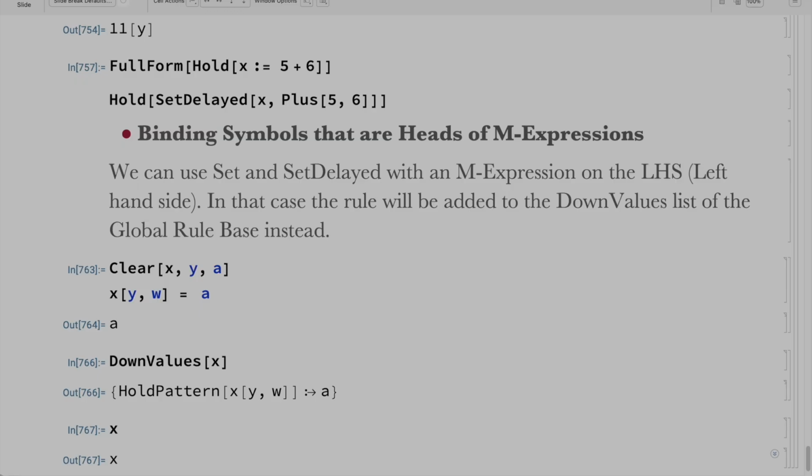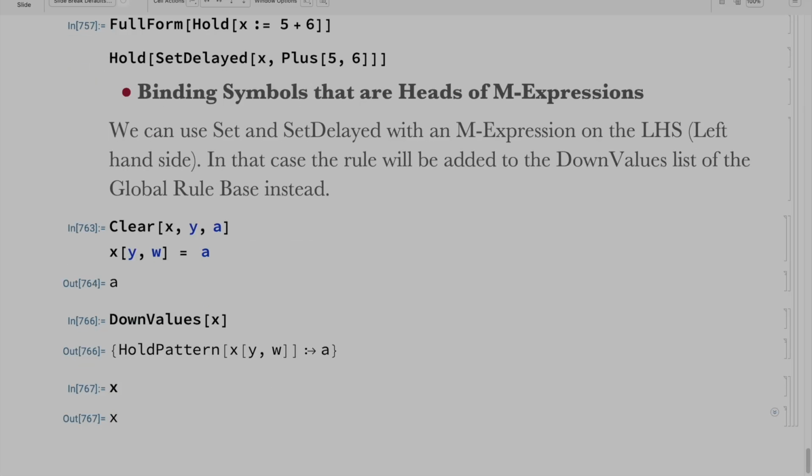Whenever Mathematica evaluates expressions, the first thing it does is look at the own values list. If it finds an own value, it substitutes it instead of x. If it doesn't, and x is the head of an expression or the head of a sub-expression, it then looks at the down values of x, and it finds a pattern, and it gives it to me.